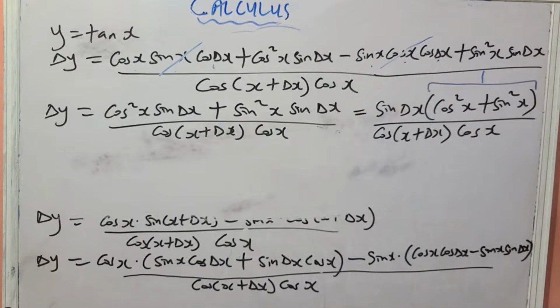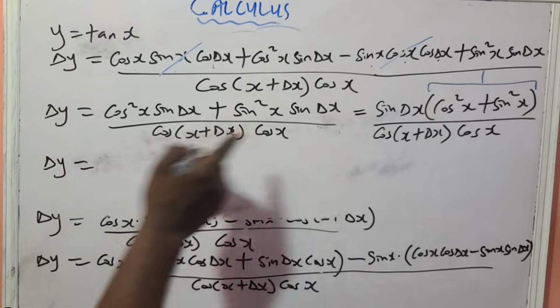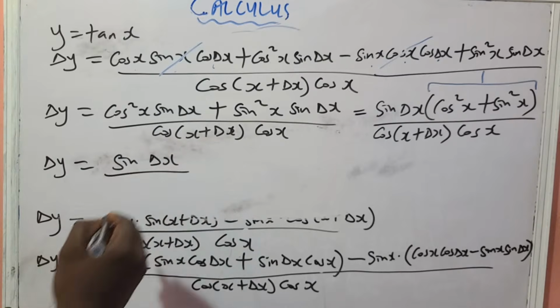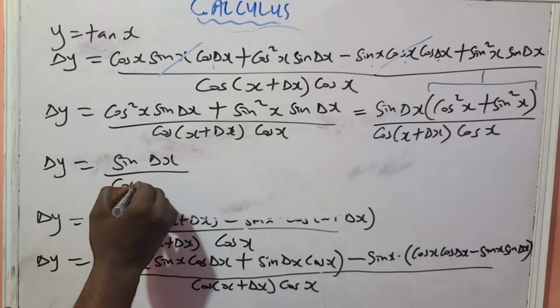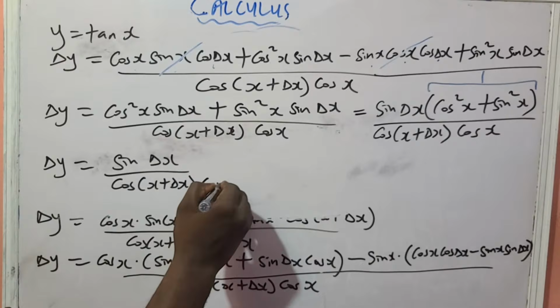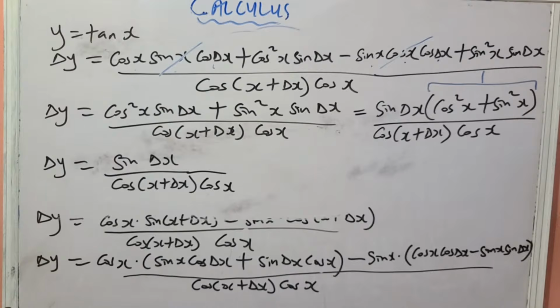So now that means I'm left with my change in y being equals to sine change in x over cos x plus change in x, cos x. So this is using the first principle.